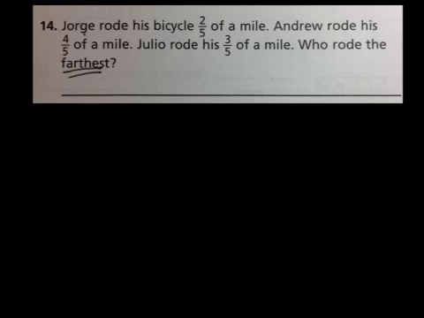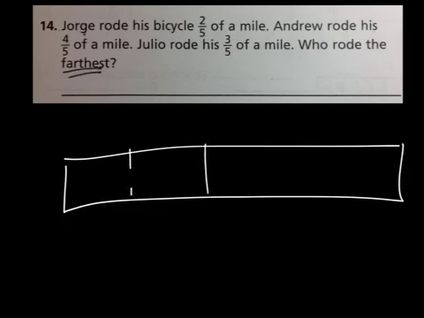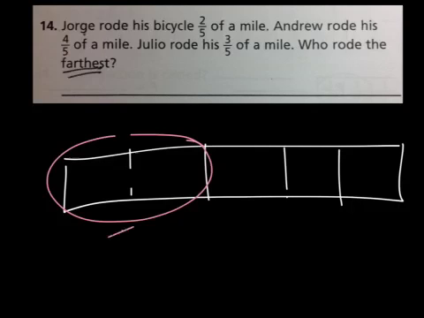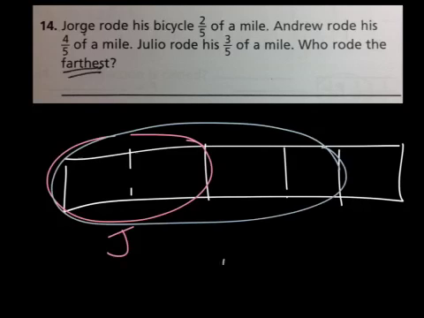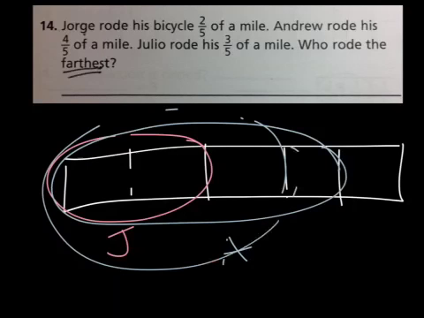Jorge rode his bicycle 2/5 of a mile. Andrew rode his 4/5 of a mile, and Julio rode his 3/5 of a mile. Who rode the farthest? So they're all parts of 5. So again, you could draw a picture and you could split this into 5 pieces, and you could say, okay, Jorge is this much, and you have Andrew is this much, and Julio is this much.